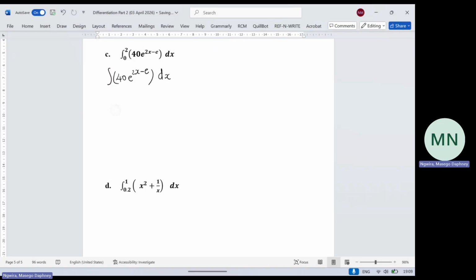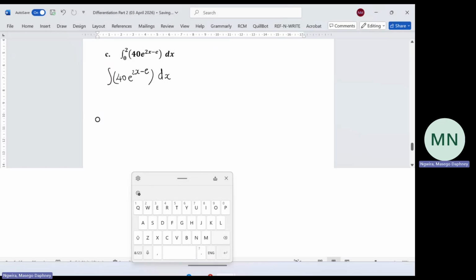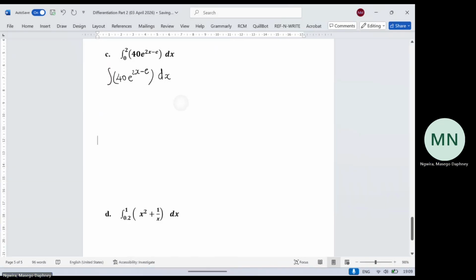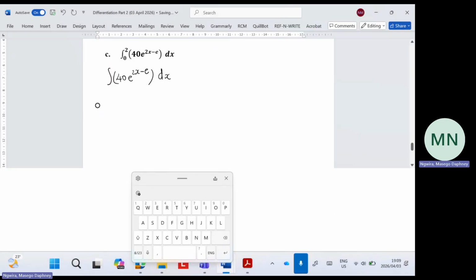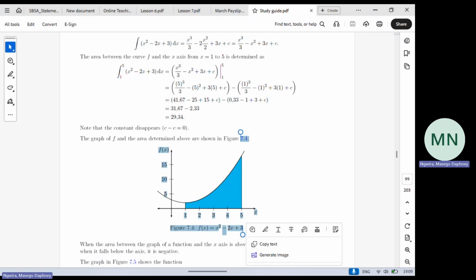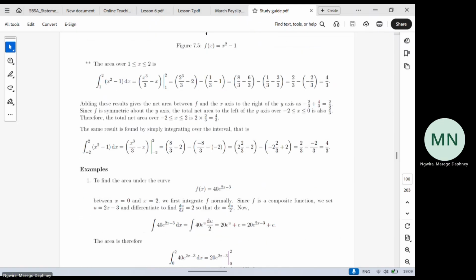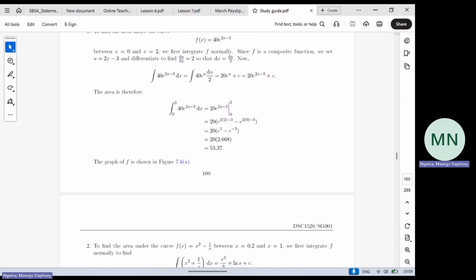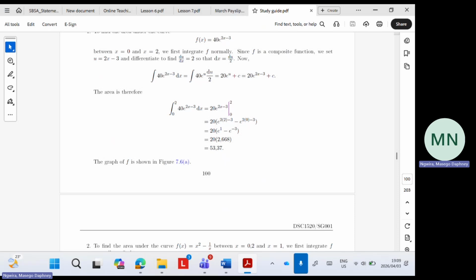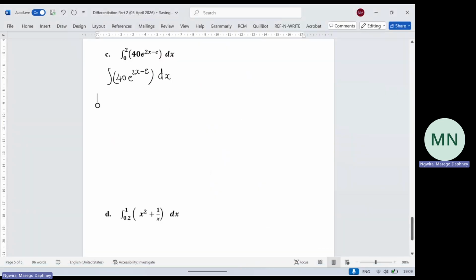This one's going to be a bit longer. I'm using the reverse of the chain rule. Let me see if that's what they used here. Yes, exactly. Because of this co-function, we're going to use the reverse of the chain rule. So we're going to integrate this first.